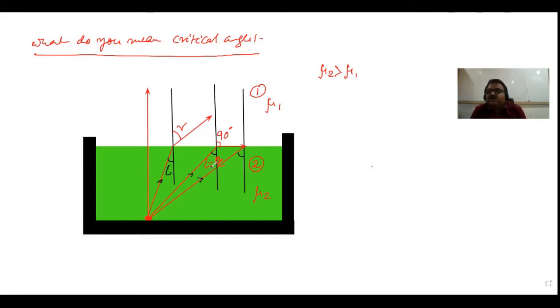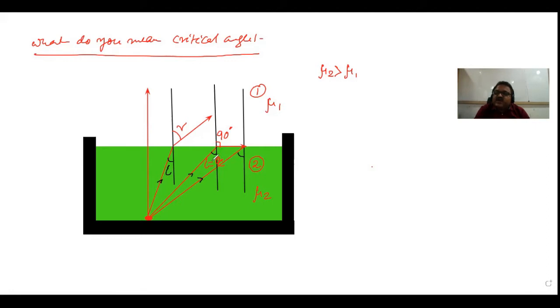Remember, when a light ray moves from denser to rarer medium, it always moves away from the normal. Correct? That means angle R increases. So if you go on increasing the value of I, the value of R will be more, and this light ray will move more towards the surface.